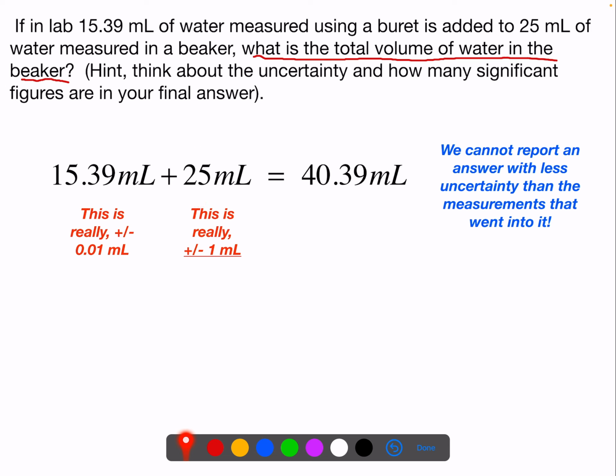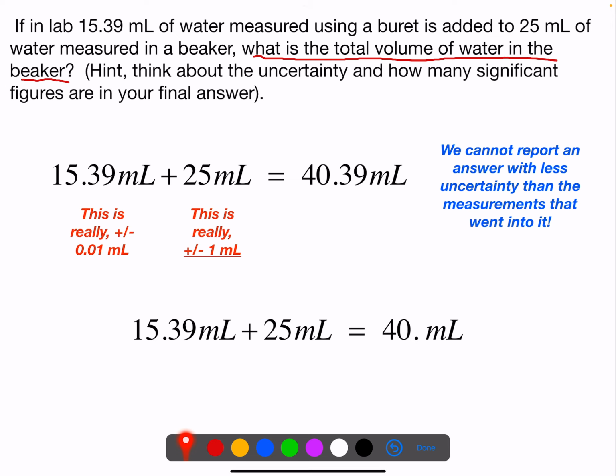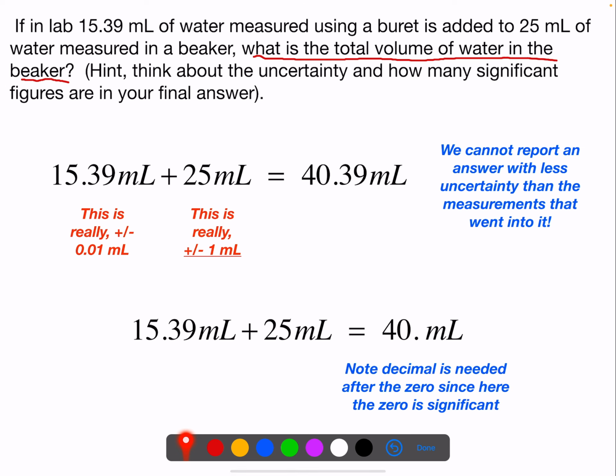And so the way we're going to have to learn to report this is that the answer is only going to be 40. milliliters, with the decimal point to signify the two significant figures, right? Because we had plus or minus 1 mil on this measurement, our final answer has to be plus or minus 1 milliliter.